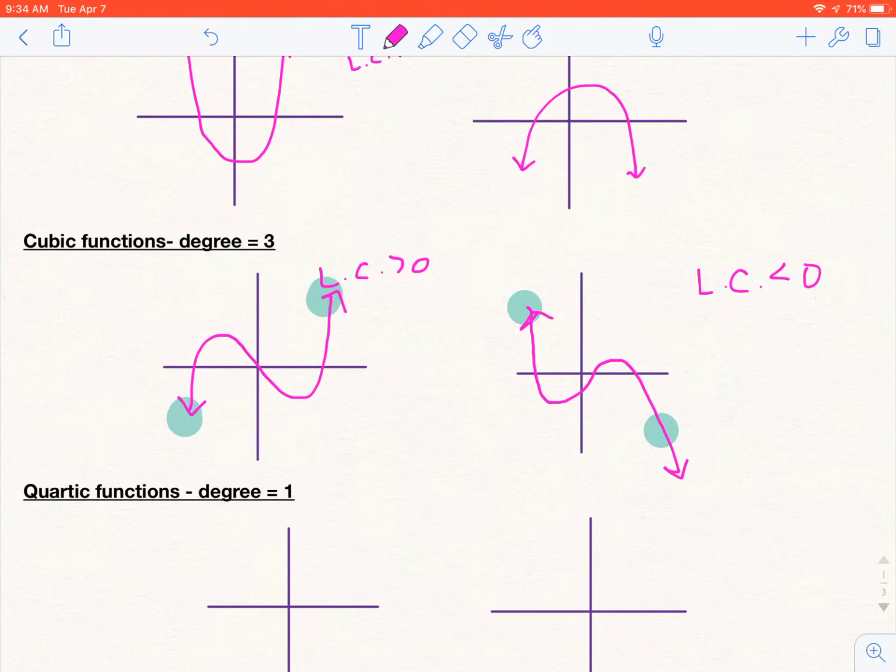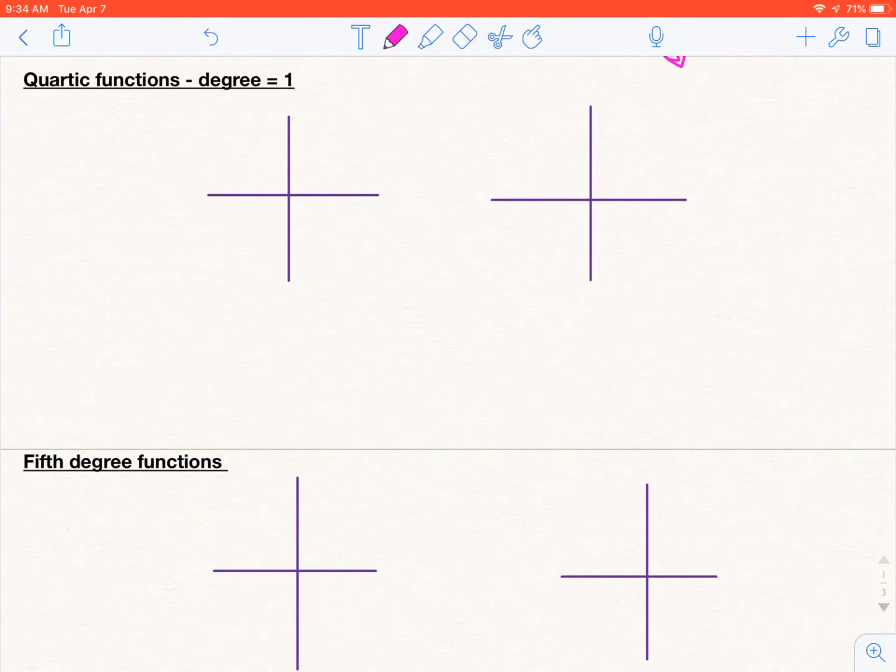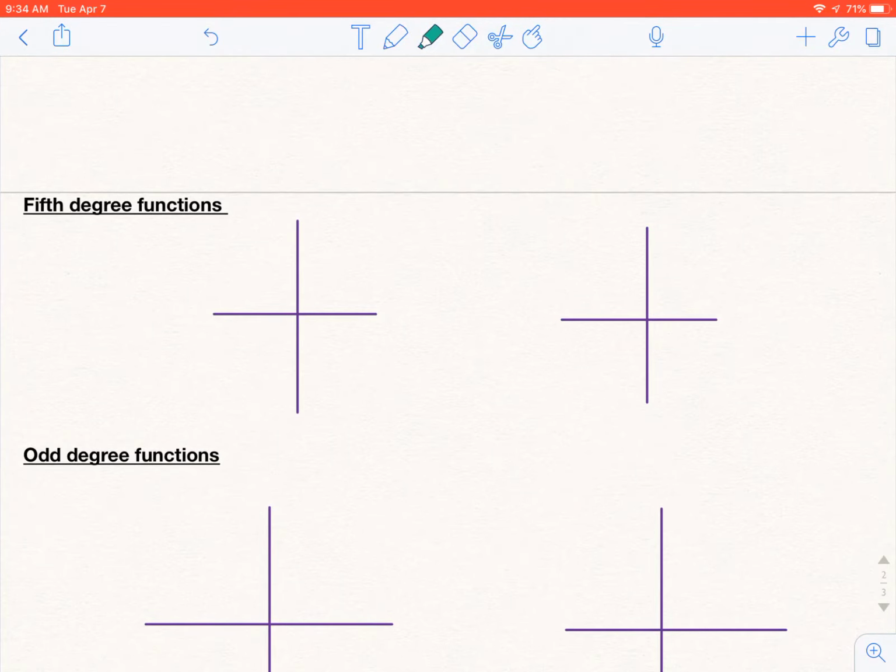Okay? So that also works for my 5th degree. If it's positive, it's going to start down here and end up here when my leading coefficient is positive. So it's going to go 1, 2, 3, 4, 5. Now it may not do all of those, but that's the basic idea.